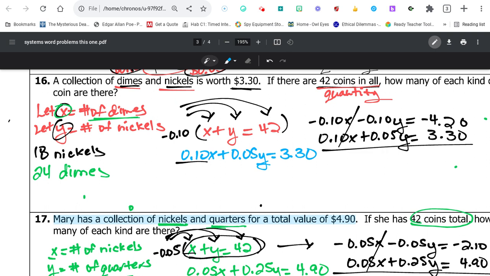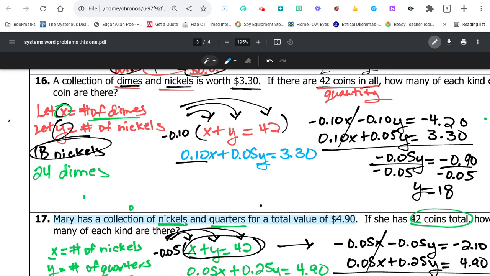These would cancel, so you end up with a negative nickel y, and then a negative 90 cents. I need to make it look like mine at 90 cents, guys. And divide both sides by a nickel. How many nickels make 90 cents? 18. There you go. Then you could use substitution here.